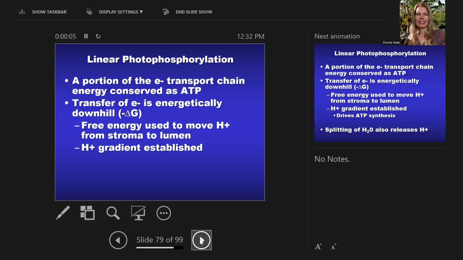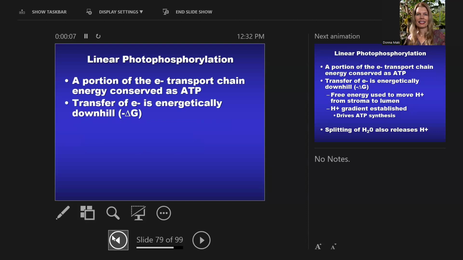So the way to think about this. Linear photophosphorylation. Linear is referring to the idea that we're now thinking about the linear flow of electrons starting at water, working all the way down to NADP plus. And then the term photophosphorylation, photo means light energy is being used.